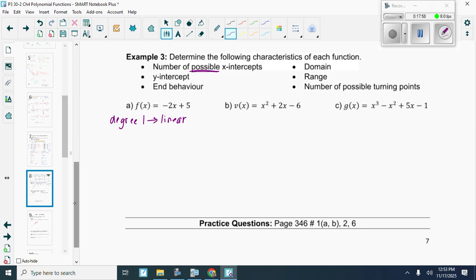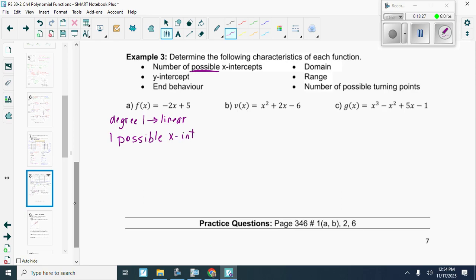It doesn't actually ask how many this exact equation has, it just wants how many are possible for this type. If you put this into your calculator, that would help you. Just make sure you're reading the question really carefully because it wants possible rather than actual ones. So we're going to write one possible x-intercept.